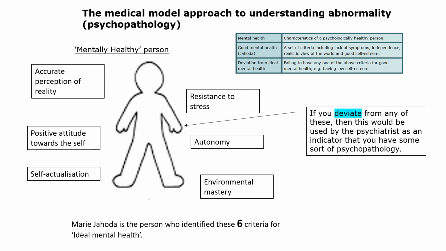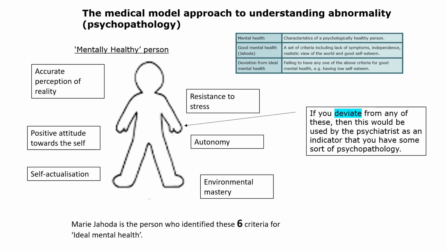Well, all it really means is being able to regulate your mood, your emotions and your behaviours depending on the environment you're in. So, for example, if I have environmental mastery, I know that the way I dress, the way I speak, the way I conduct myself in the workplace needs to be different than how I might speak or dress or behave if I were on a night out with friends.